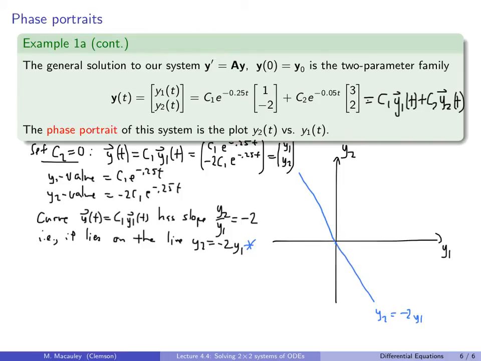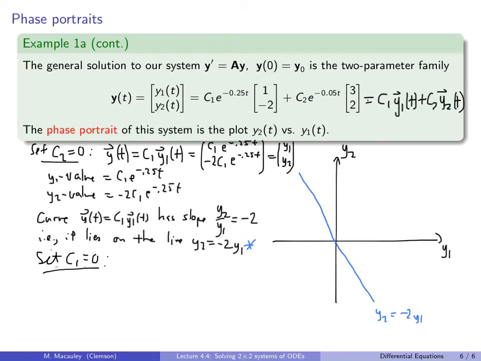Okay, so now let me set C2 equal to 0. I forgot I had this on blue. It's okay. No, I'm sorry, not C2 equal to 0. Let me set C1 equal to 0. I'm just going to switch colors while I'm at it. So I'm going to set C1 equal to 0.